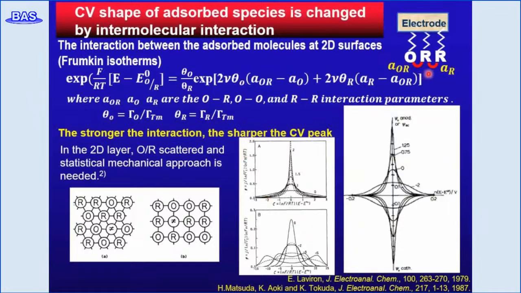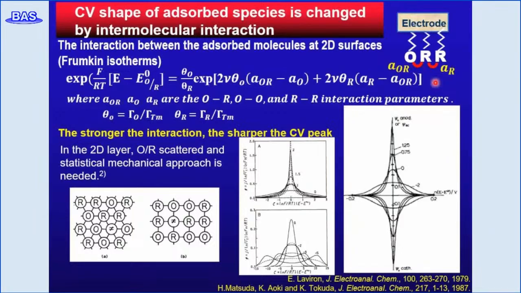In other words, previous CV shapes for adsorbed species are based on the Langmuir isotherm adsorption model, which does not involve intermolecular interaction in the adsorption process. However, when intermolecular interaction becomes involved in the redox behavior, the Frumkin model must be considered.